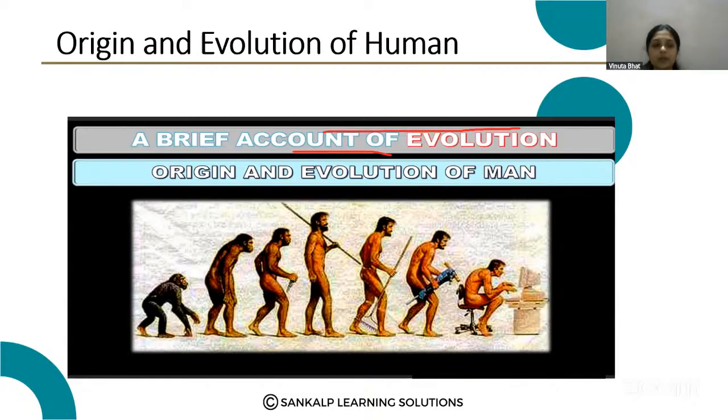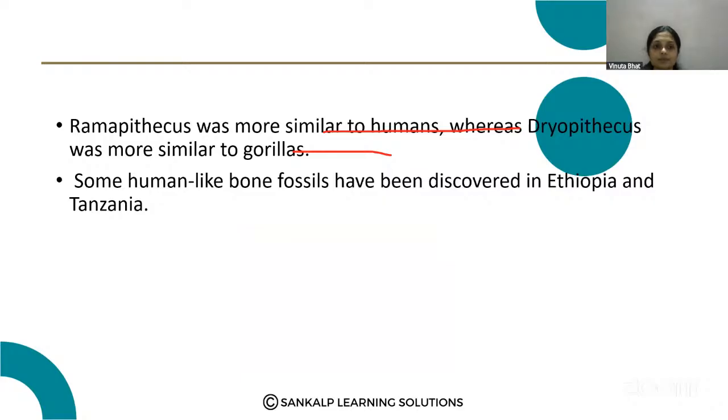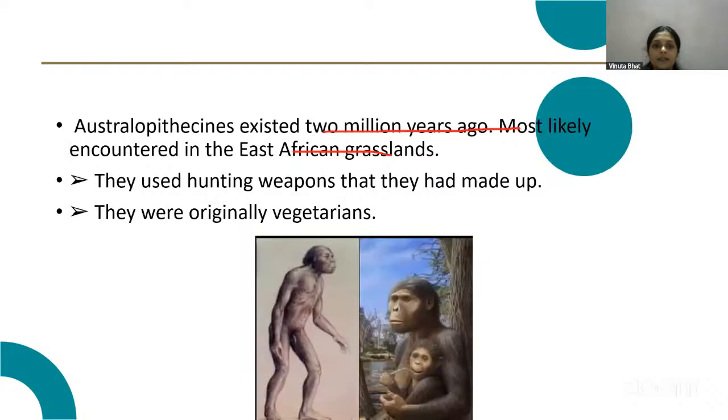Okay, so here the first thing we can observe: Dryopithecus was more chimpanzee-like, and Ramapithecus had more man-like characters. First one, Dryopithecus.